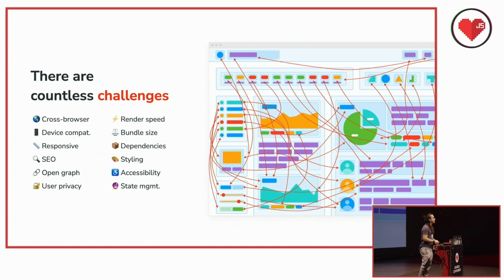But now we need to account for mobile, we need to account for accessibility, we need to account for SEO, security, and we need to make sure that our components are componentized and we're not just copy-pasting code like I know some of you might be doing this. So building UI nowadays is still quite complex, and we kind of need tools or processes to ease that out for us.